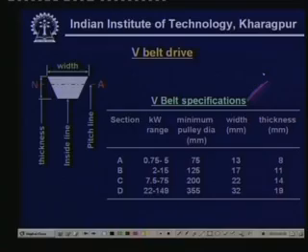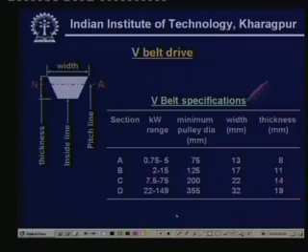Here I would like to say one thing, that these particular cross sections are normally available in the terms of A, B, C, D and a little higher side also E, that I have not included over here. So, let us consider the situation to be A, B, C and D. Of course, we do have something like E section also.